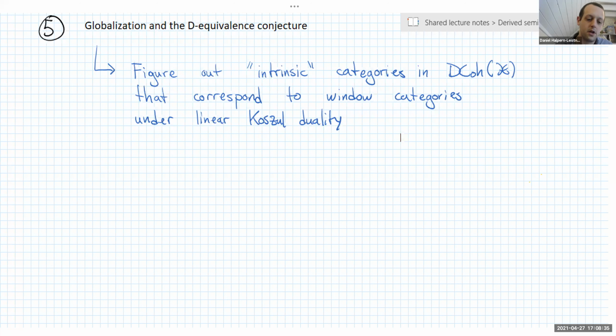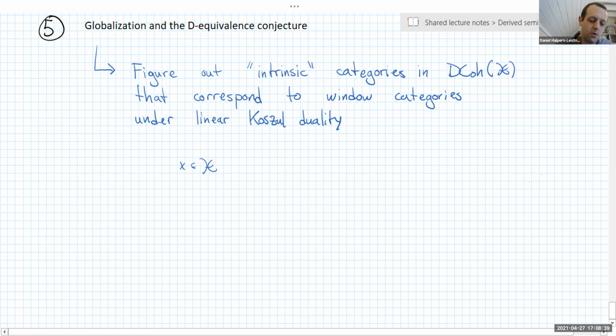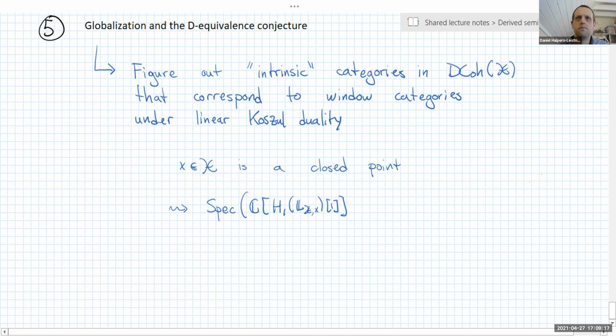And basically, if x in X is a closed point, let's say with residue field C, then there's actually a map from Spec of C adjoin H^1 of the cotangent complex L_X at x.